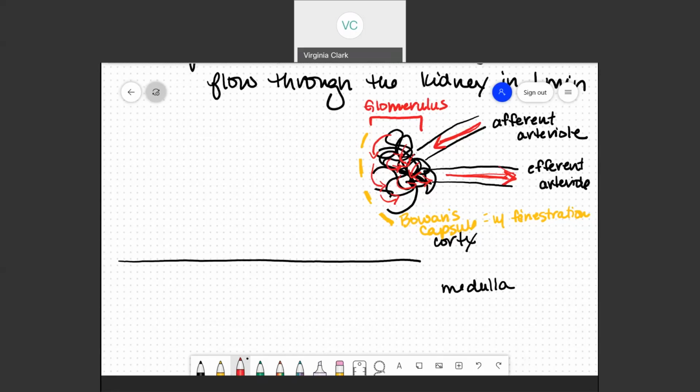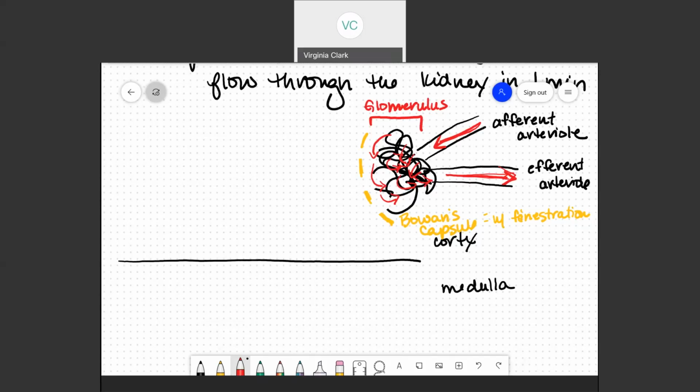So one thing to keep in mind is that when we're looking at this structure with the glomerulus and the Bowman's capsule, we are not filtering out cells. Your red blood cells should not be filtered out. They should stay within the blood. Your white blood cells should not be filtered out. They should stay within the blood. What we're filtering out is the plasma. So it's the liquid that is housed as part of that whole blood that is going to get pulled out.